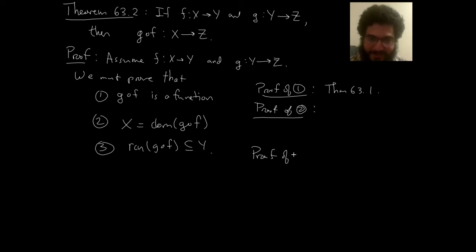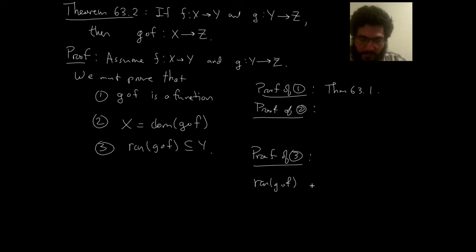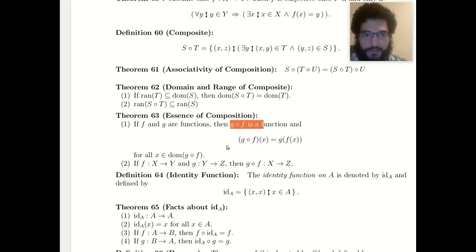Proof of 3. So the range of g composed with f, well, that's actually a subset of the range of g, right? That's by this. This is true even if you're not looking at functions necessarily. So by theorem 62.2.